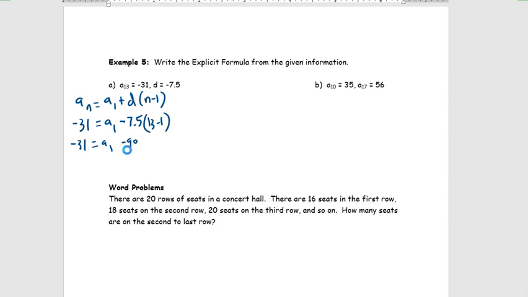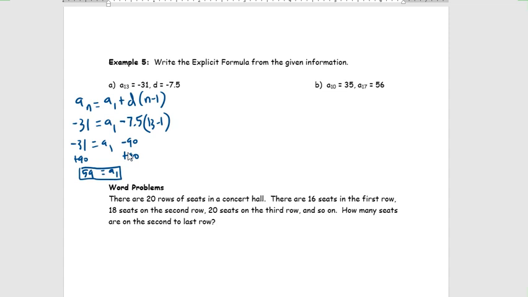All right, we will add 90 to both sides, and when we do that, we get that a sub 1 equals 59. All right. So we now have a sub 1. We know the common difference given to us in the problem.